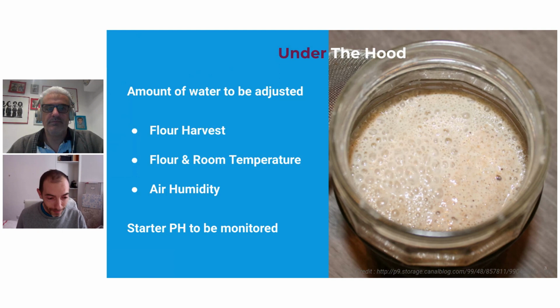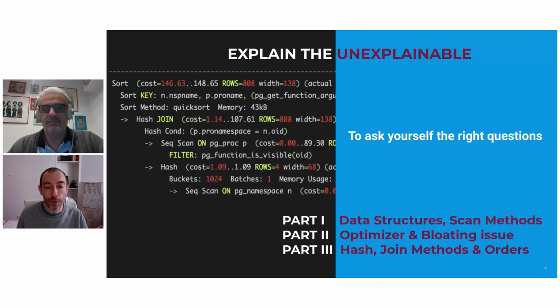Who knows? So we learned a lot of things along that journey, and that's why we strongly believe with Flavio that we need to give you all the keys, some keys, so you can understand what's going on under the hood with PostgreSQL.